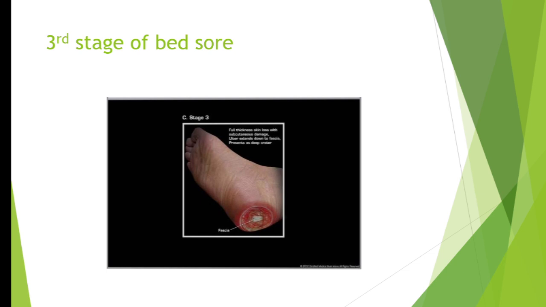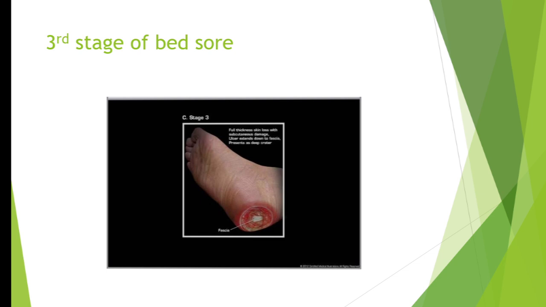You can apply any type of dressing over there, and try to dry this wound, and give healthy nutrition to the patients: vitamin C and zinc rich diet you can provide for this patient to prevent it as early as possible in the third stage. It can also prevent infection. Control infection by monitoring for signs of infection: redness, pus, foul odors and fever.